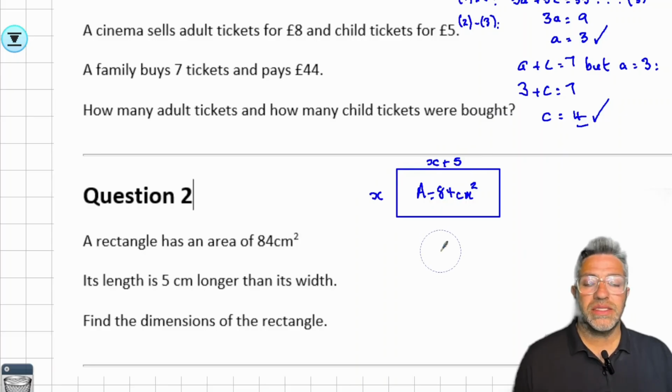So again, I can take that algebraic approach. To work out the area of a rectangle, we can do length times width, width times length. So straight away we know x open brackets, x plus 5 close brackets has to equal 84.